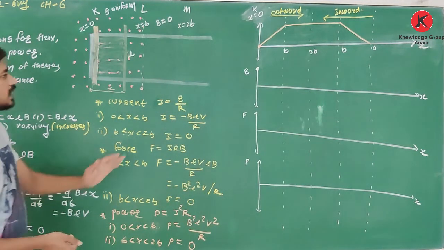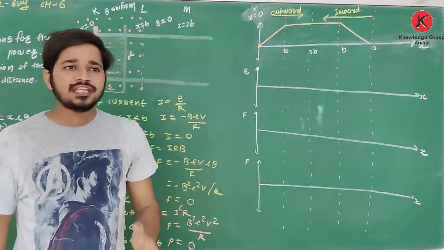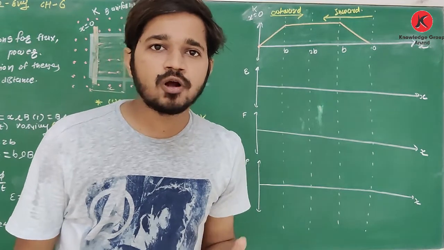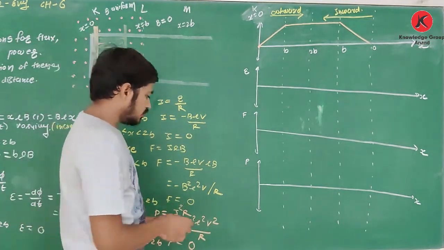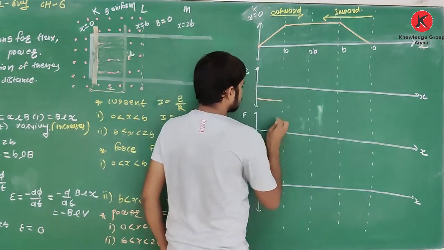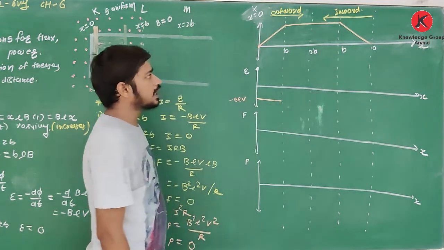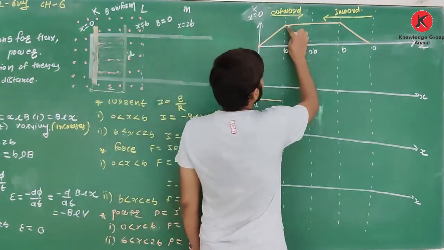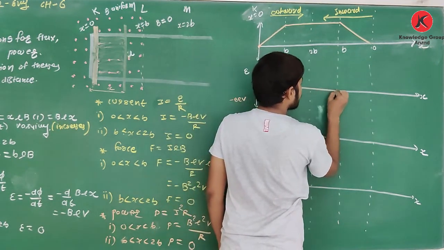When it is moving in this direction, flux increases. So according to Lenz's law, EMF is induced such that it opposes its cause. So EMF produced is like this, it is minus BLV. Okay. Now see, during this region flux is constant, then EMF is 0.